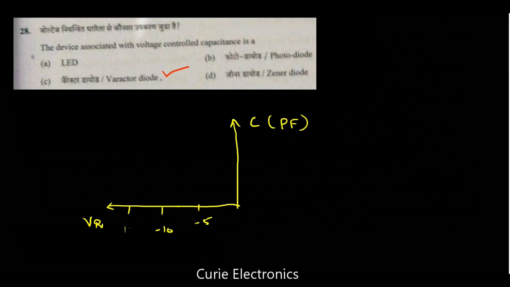You will get a curve like this. That means when the reverse voltage increases, our capacitance is decreasing. That is the varactor diode.